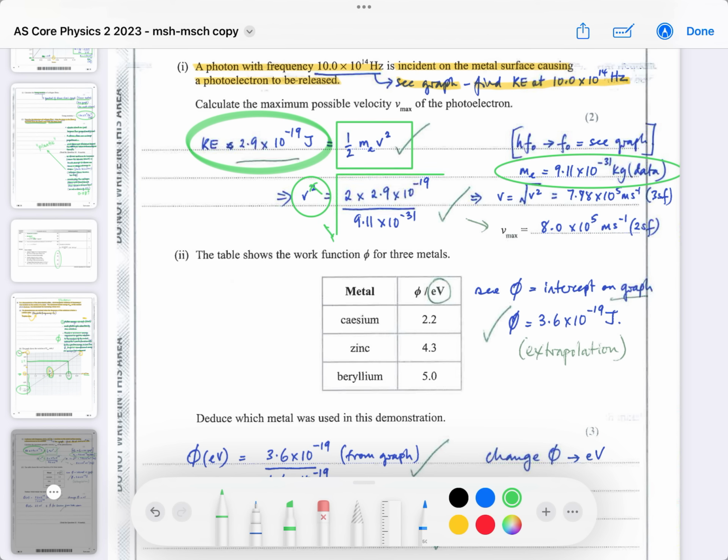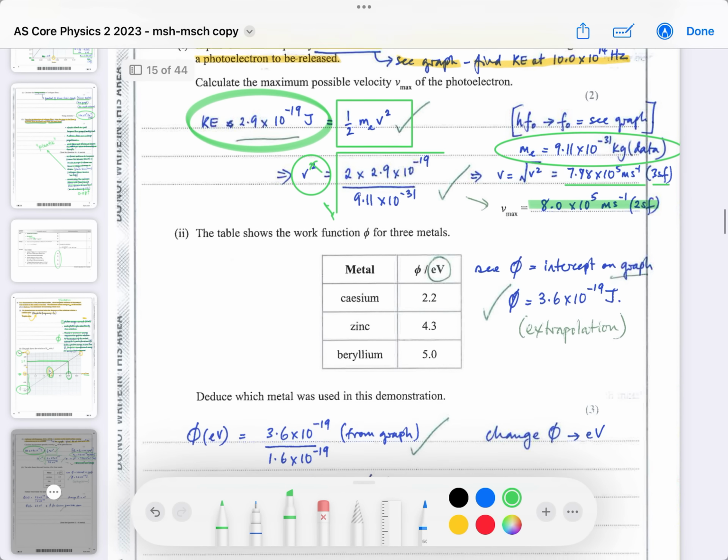Once you've square rooted it, you should get 7.98 times 10 to the 5 meters per second to 3 significant figures, which is 8.0 times 10 to the 5 to 2 significant figures, which is sufficient for the accuracy of this data. Okay.